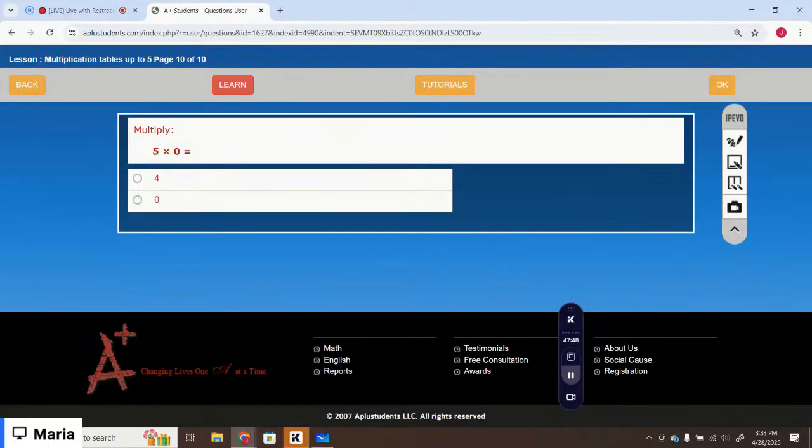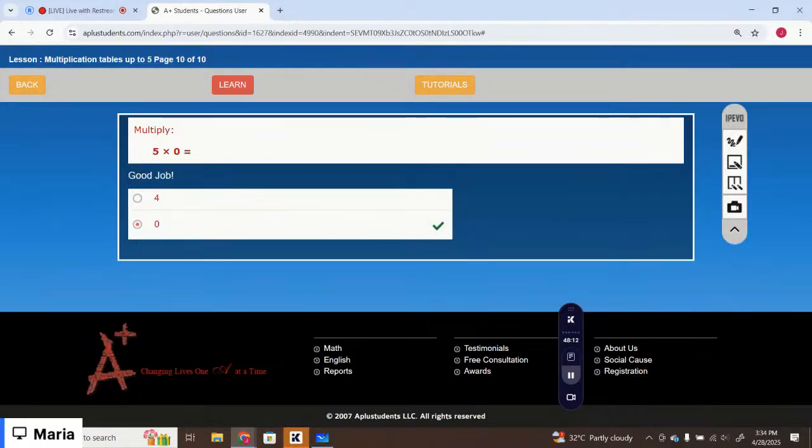Whatever number you are multiplying with zero, the answer is always a zero. Option number 2 is the correct option.